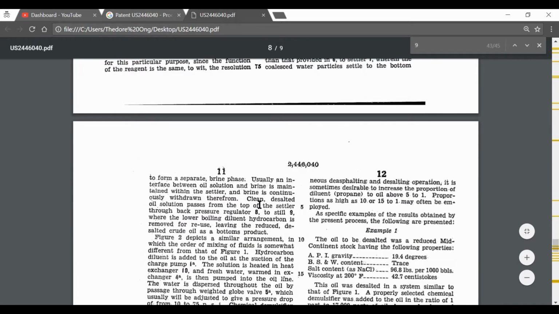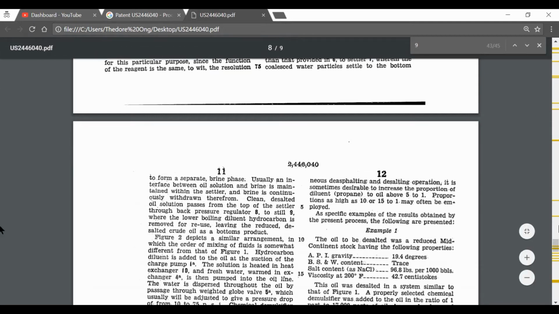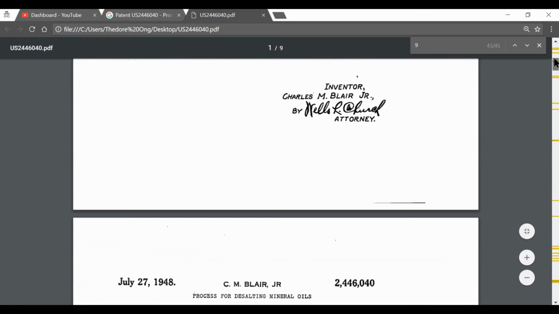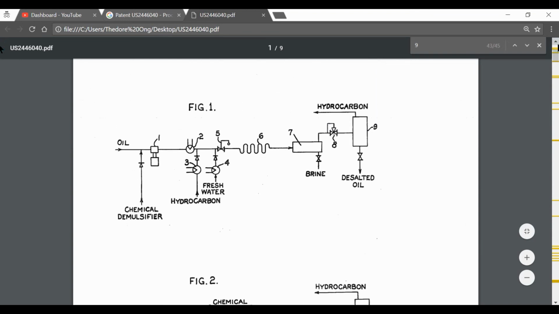A still is a distillation. That's why it's called distill. So the still is here. This is basically a distillation column where the desalted oil comes out the bottom and the lighter hydrocarbons are being boiled off. Okay? So that's basically how the desalter works. You can see according to these figures here, the real life designs by this guy, C.M. Blair Jr.